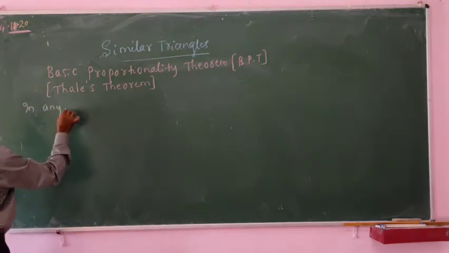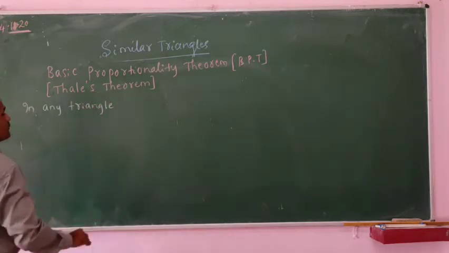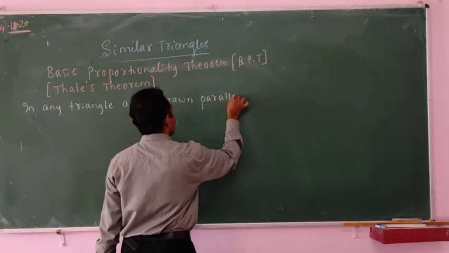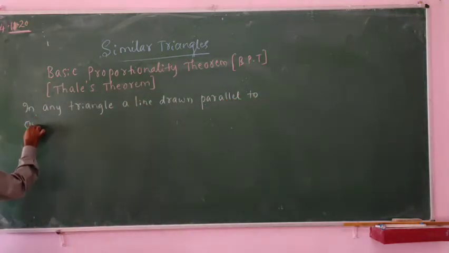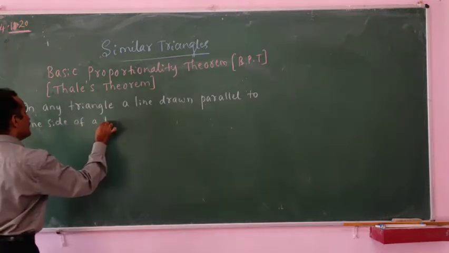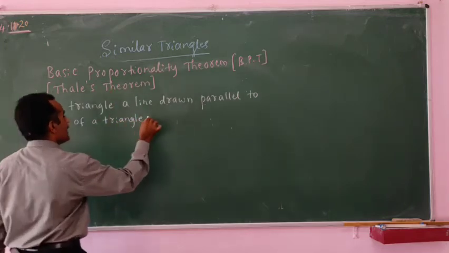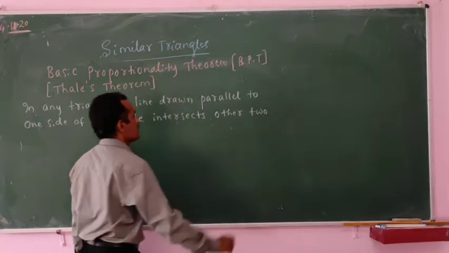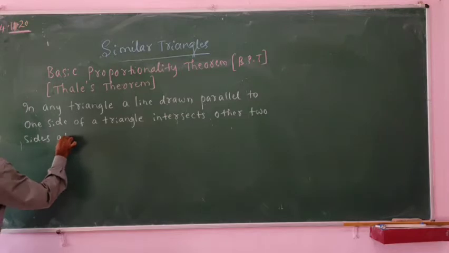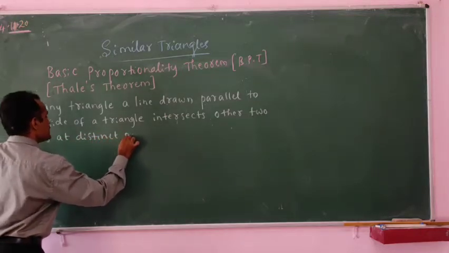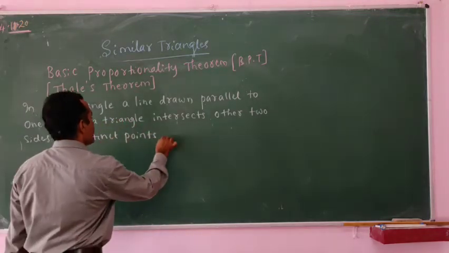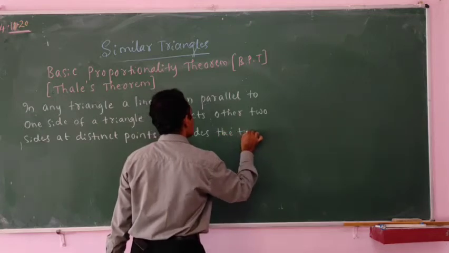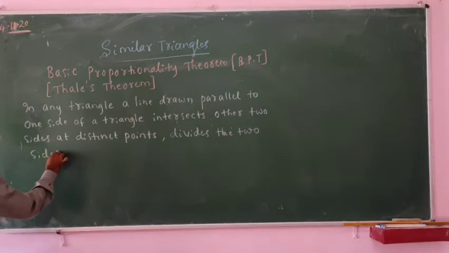In any triangle, a line drawn parallel to one side of a triangle, intersects the other two sides at distinct points, divides the two sides in the same ratio.